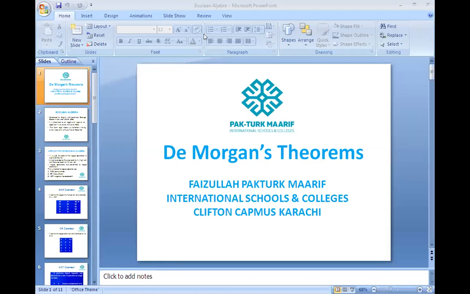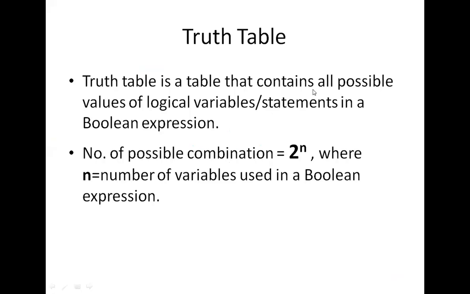If variables are 3, so 2 power 3, the possible combinations will be 8.